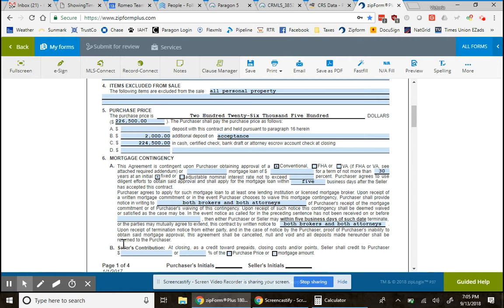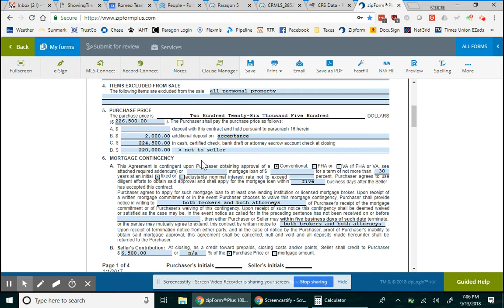We're going to jump down here and say we are asking for a $6,500 seller concession, applicable off the purchase price. And then to clarify everything, if you have seller concessions, go back up here to paragraph D, that's what this little line is for, $220,000 net to seller.